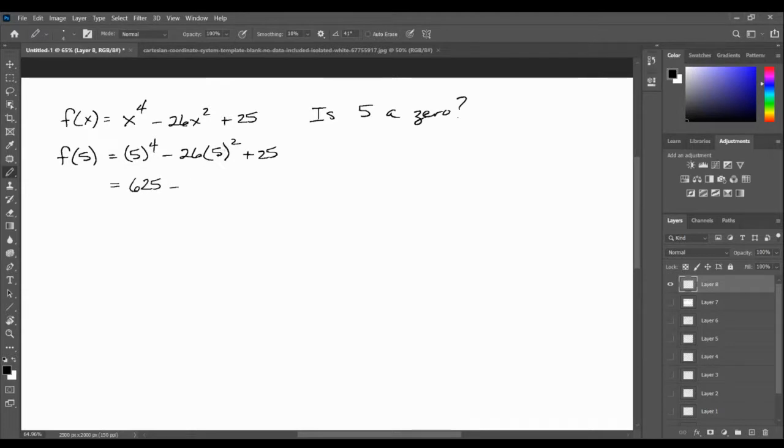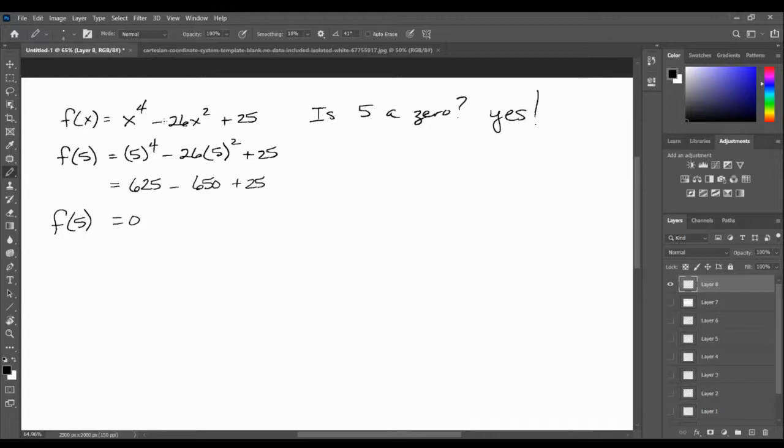This will be 25 times 26, so I believe that's 650. Plus 25, so I get 650 minus 650, that's 0. So f of 5 is 0, so the answer is yes. Not too bad. Or I could use synthetic division.